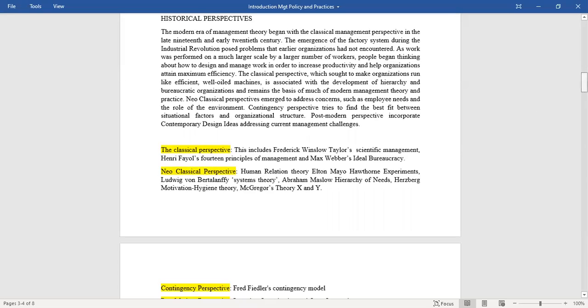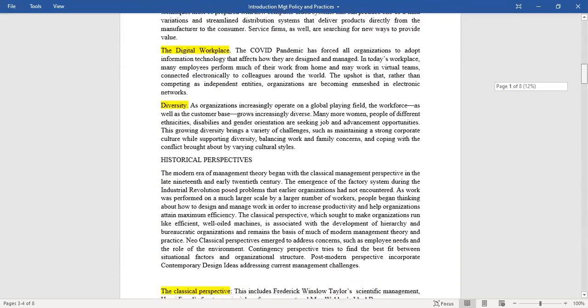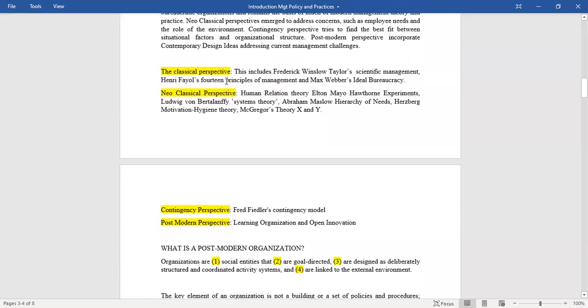But considering the current challenges, these classical and neoclassical perspectives have to be adapted to become relevant in today's time and age, right?